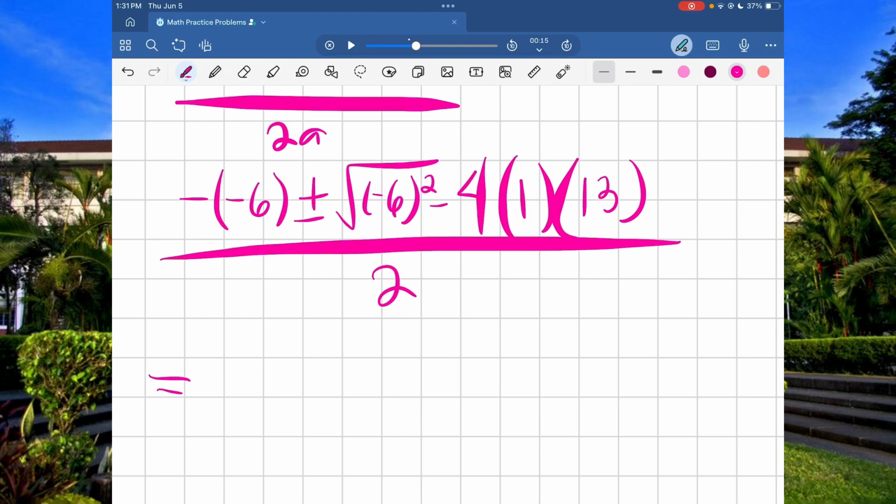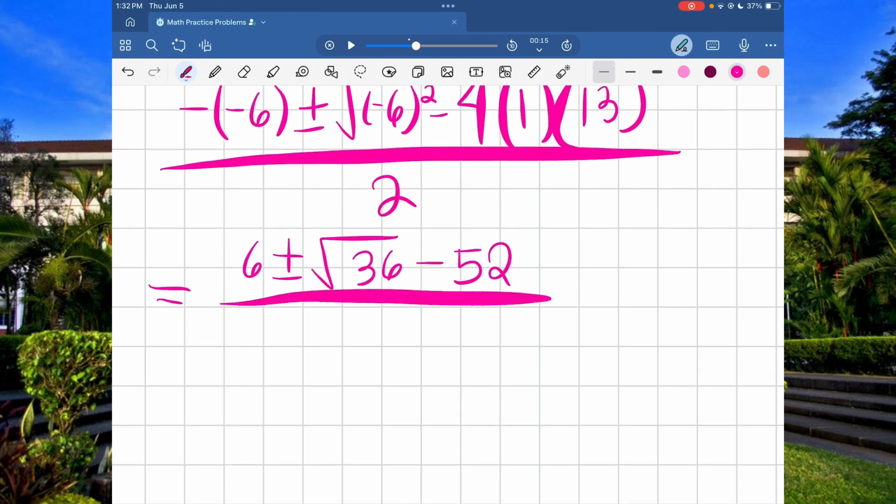So we're going to simplify. Negative times negative, this will become positive. So it will be 6 plus or minus square root of -6 squared, that is 36 still, minus 4 times 1 times 13, which is 52.